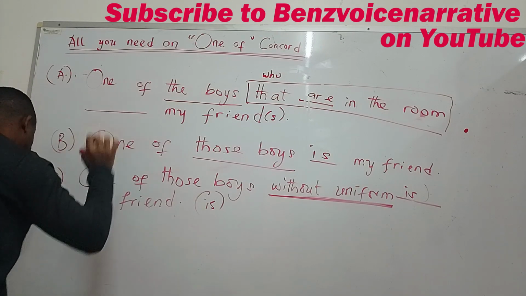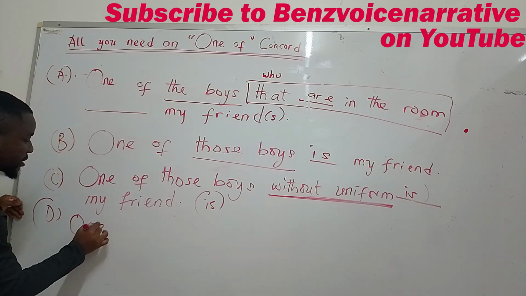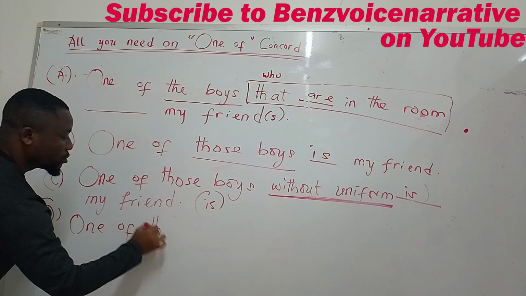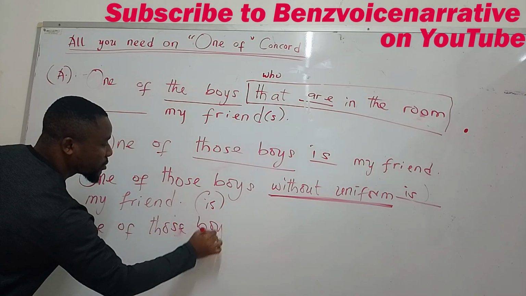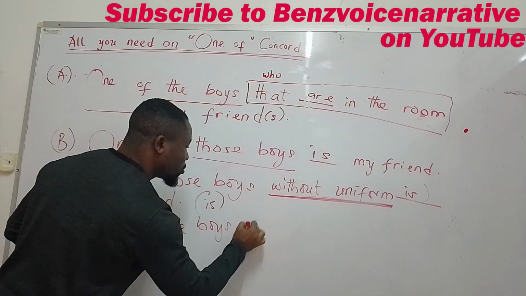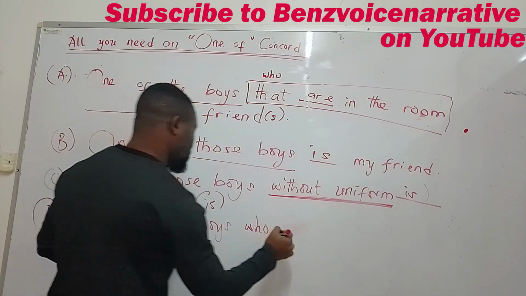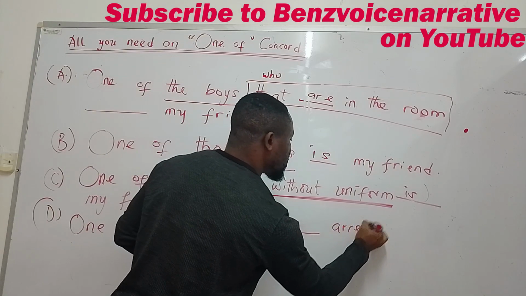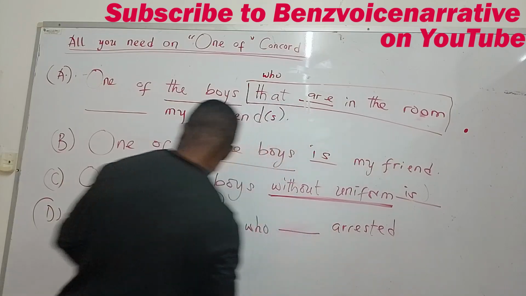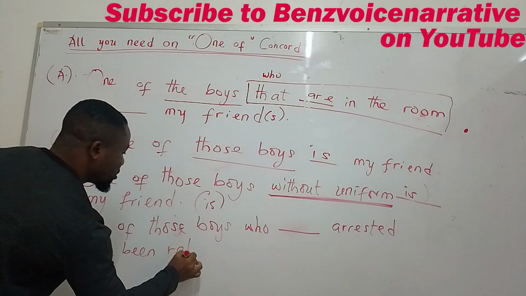Let's have this example, the final example before we call it a wrap. A, B, C, D. One of those boys who dash arrested dash been released.